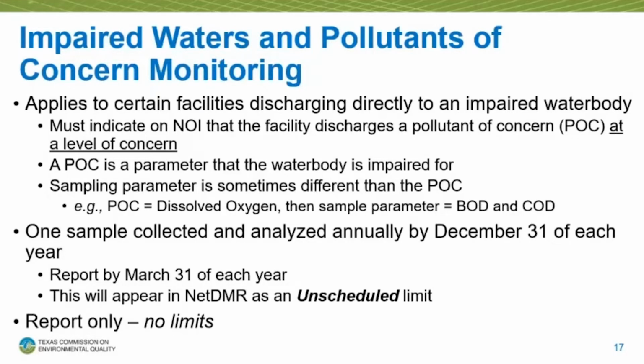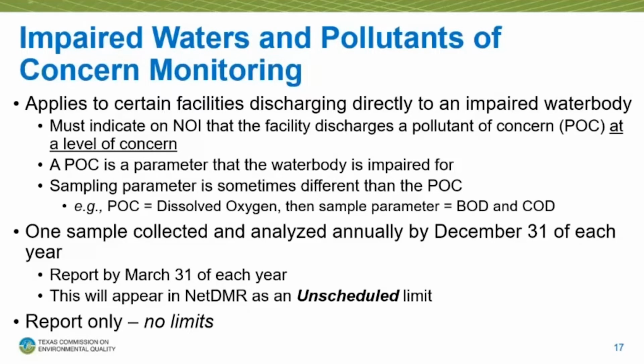You would have marked no on that question on the notice of intent, which means that this wouldn't apply to you. But if you are discharging nickel at some elevated level, then you would mark, okay, so we are discharging nickel at a level of concern. And that's going to trigger you to conduct some additional monitoring and reporting.